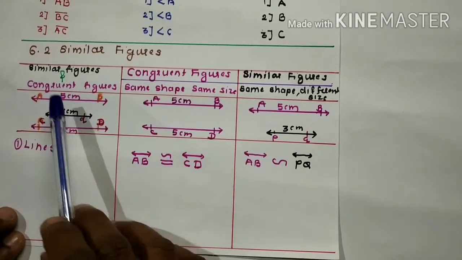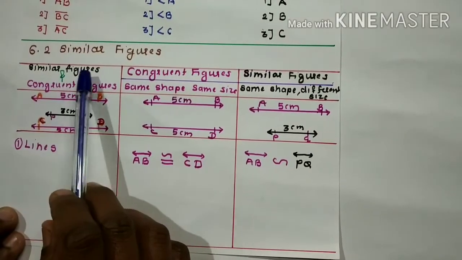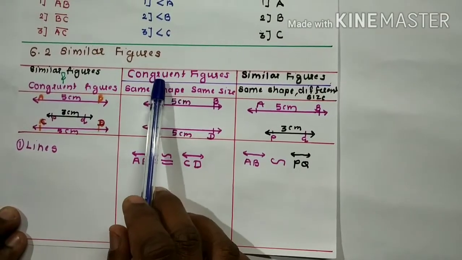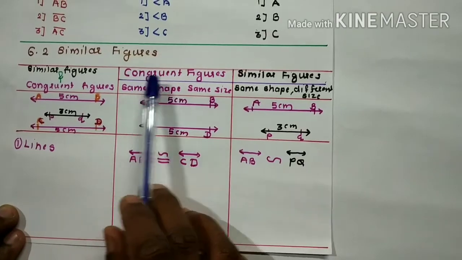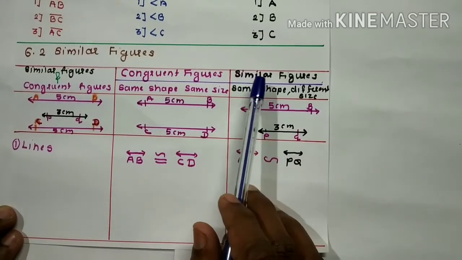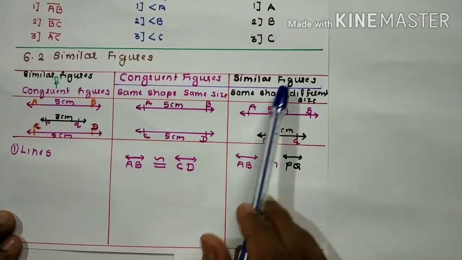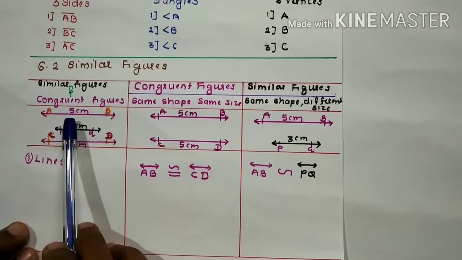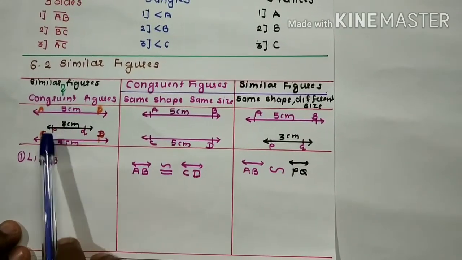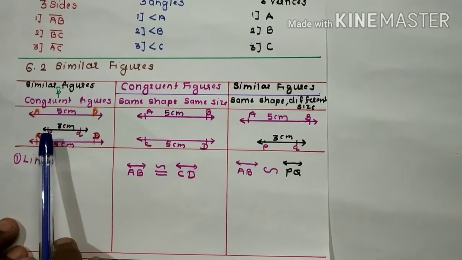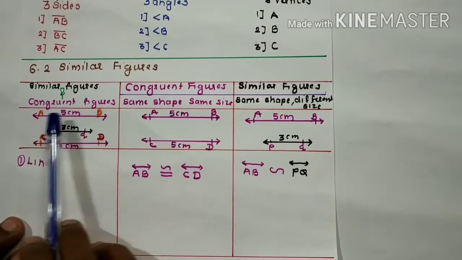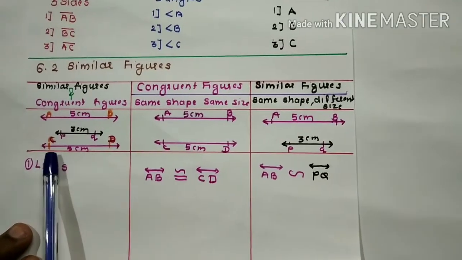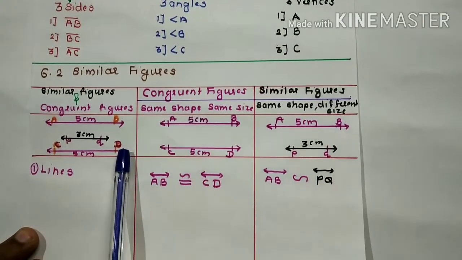Here I have made three columns. In the first column, similar figures and congruent figures. In the second column, I have made only congruent figures. And in the last column, only similar figures I have drawn. In the first column, similar figures as well as congruent figures. See here, this is the line AB, and this is line PQ, and this is line CD.